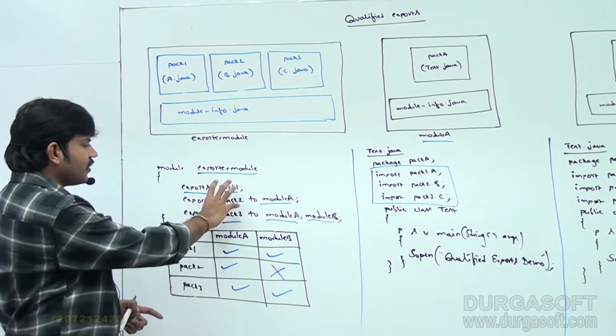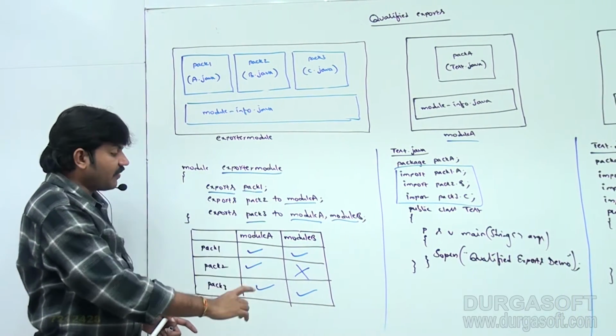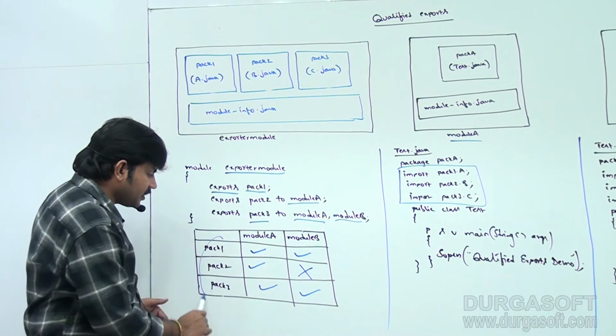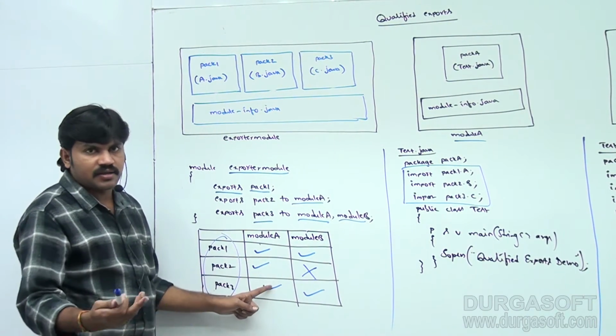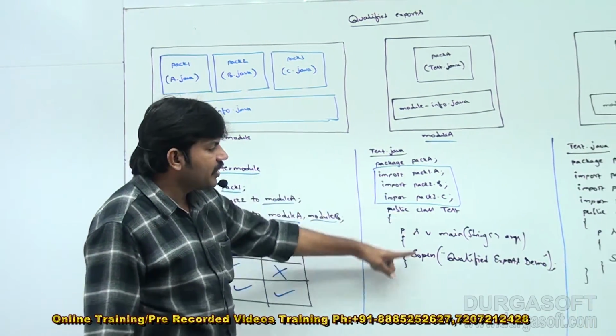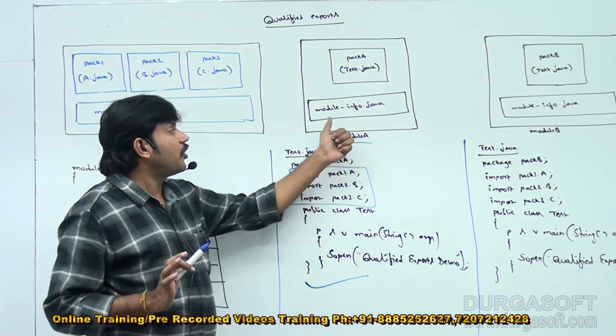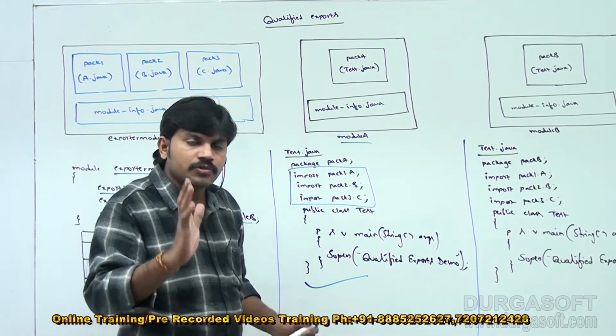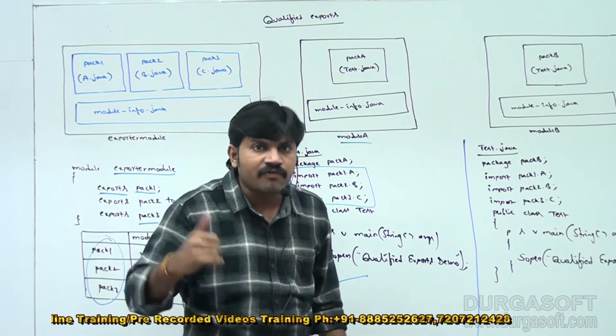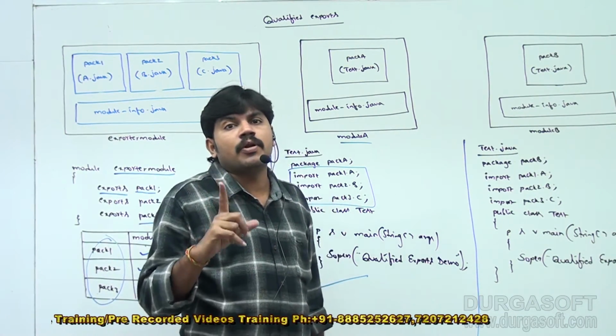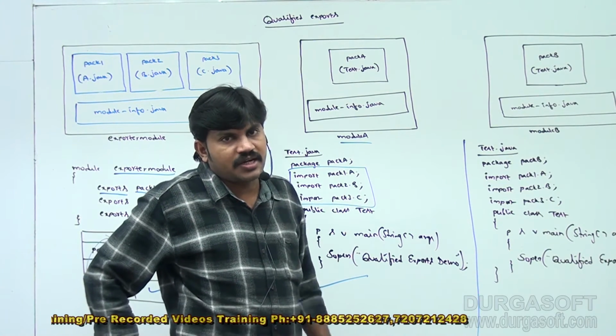Yes, according to our module-info.java, all the 3 packages are available to module A. No problem at all. Happily the code compiles fine, happily the code runs fine. Module A can use pack 1, pack 2, pack 3 of the exporter module. Are you able to understand that clearly?